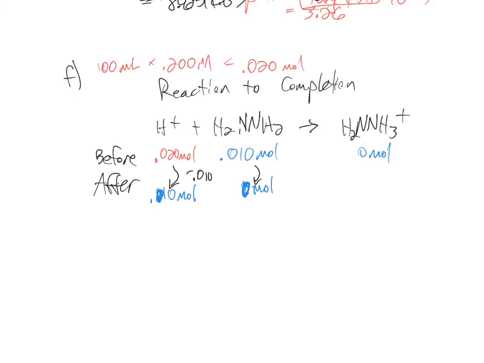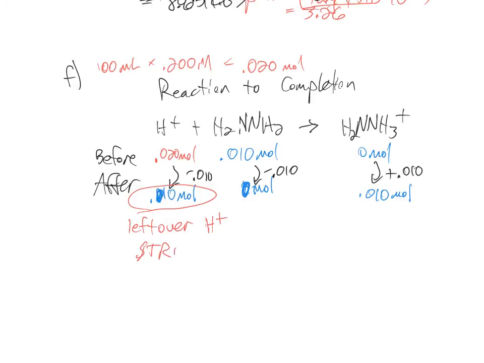The same reduction is seen by both reactants. Both go down by 0.01. And on the product side, it's an increase of 0.01. But here, at the end of the reaction to completion, we have leftover hydrogen ions, which is a strong species.